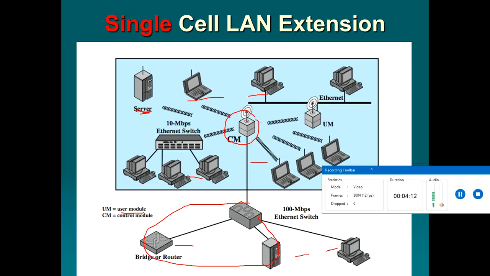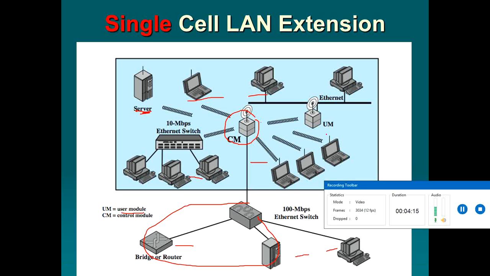These user modules control a number of stations of a wired LAN, and they may also be a part of the wireless LAN configuration. So this is the control module, and these are all the user modules, which are part of the wireless LAN configuration.